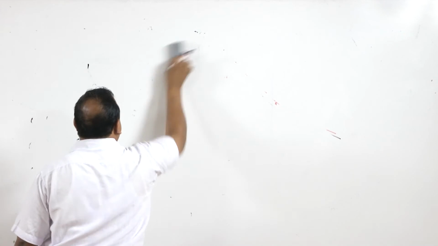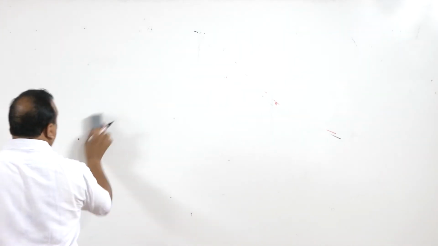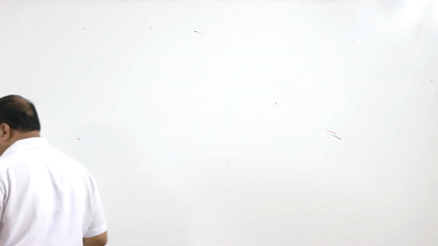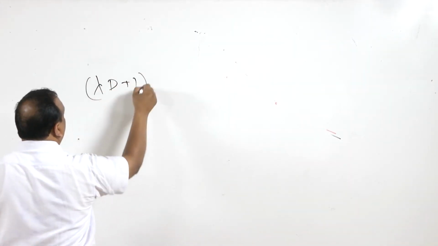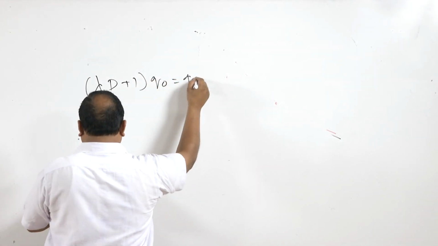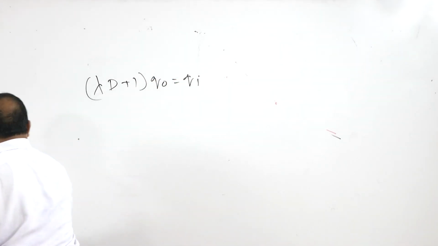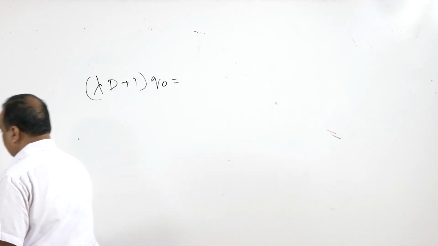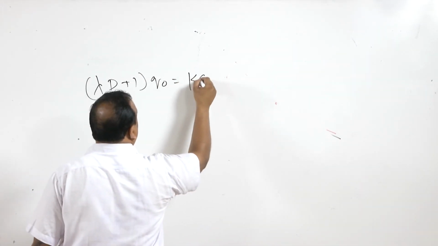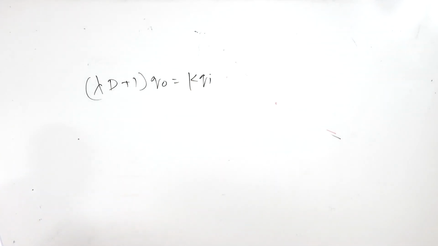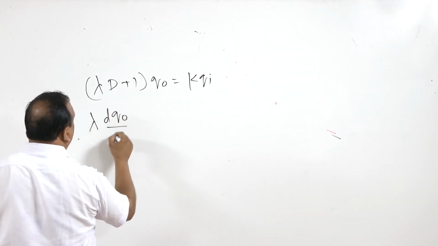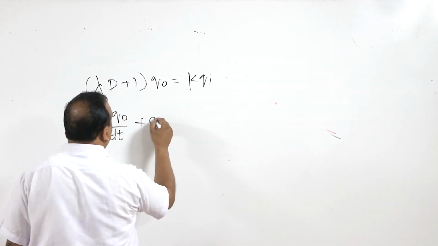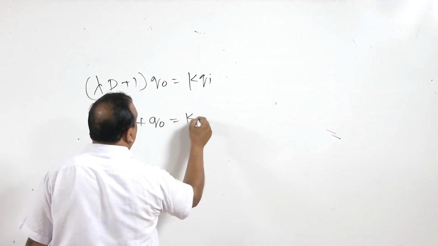We can also ensure this mathematically. Let us take a first order system. It is lambda D plus 1 QO is equal to K QI. Or lambda dQO by dt plus QO is equal to K QI.